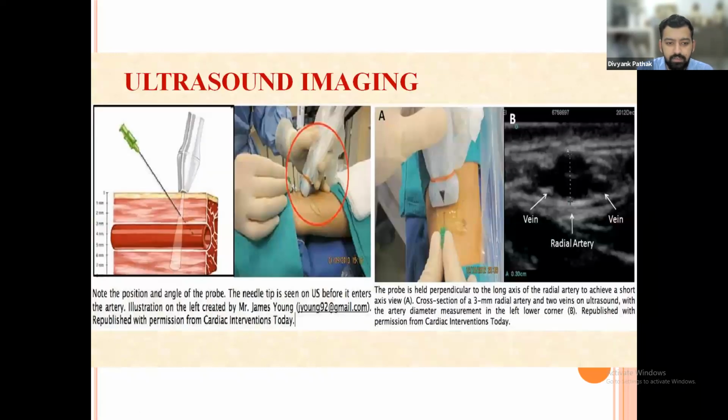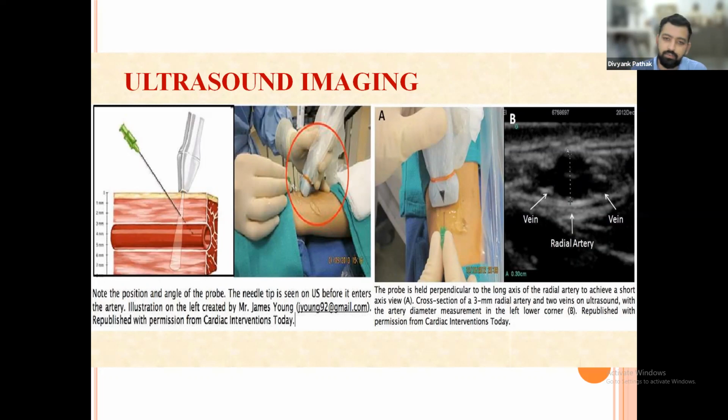It is less dangerous. You can always use ultrasonographic imaging, whether it is the radial artery or the femoral artery, or many other arteries also. Especially in cases of shock where we cannot palpate the pulse very well, or if the patient has cyanotic heart disease where the color of the blood is not very clear as arterial blood.